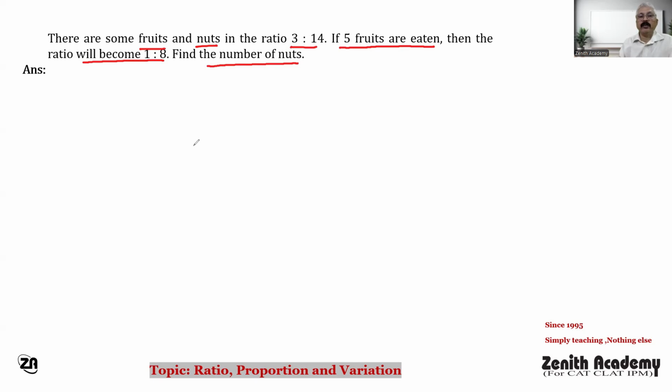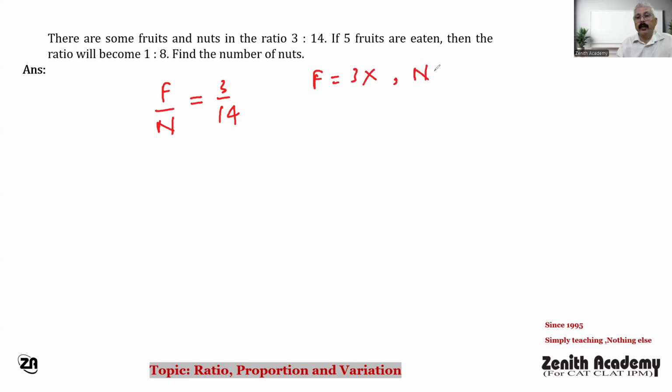So F is to N is 3 is to 14, so you can take F equal to 3x and nuts 14x. 5 fruits are eaten, so 3x minus 5, and nuts remain the same, 14x, is equal to 1 is to 8.